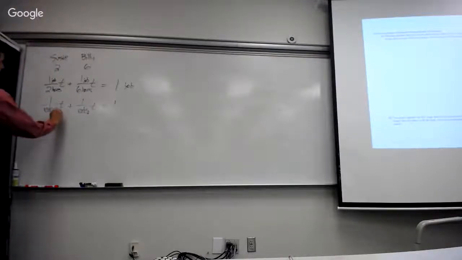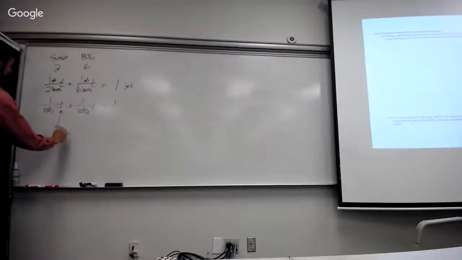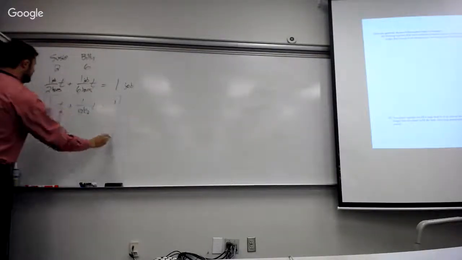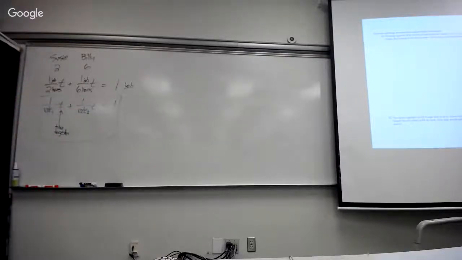So t is time together, as in how many hours it takes for them to finish the job together. So we could call this the general formula that we're looking at. That's how you set up all of these problems.